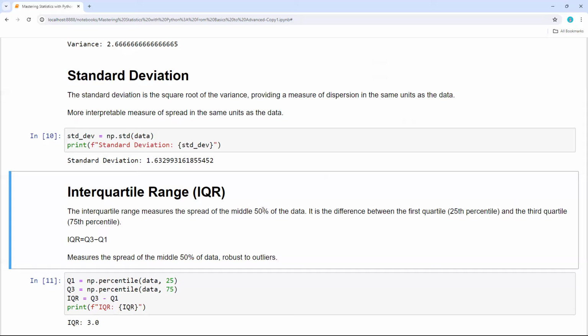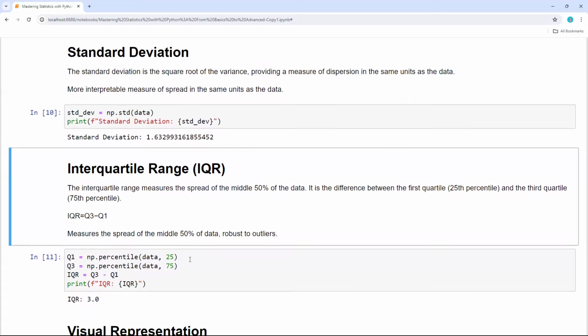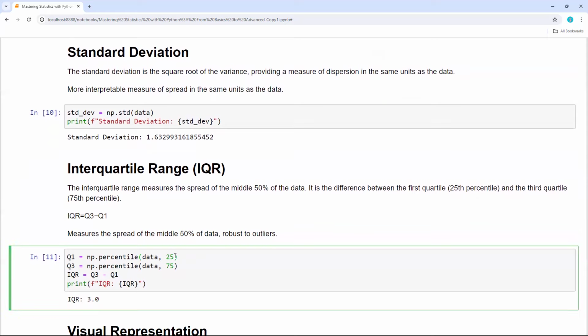It is the difference between the first quartile, the 25th percentile, and the third quartile, which is the 75th percentile. IQR is equal to Q3 minus Q1, which measures the spread of the middle 50% of the data. So if I wanted to calculate from the given data, my Q1 is np.percentile of data and 25, so I passed 25.